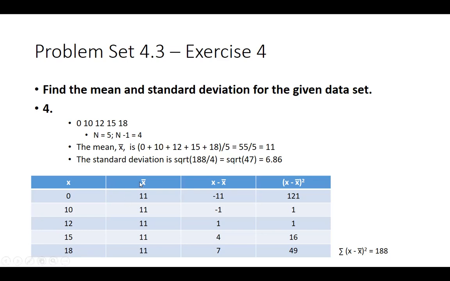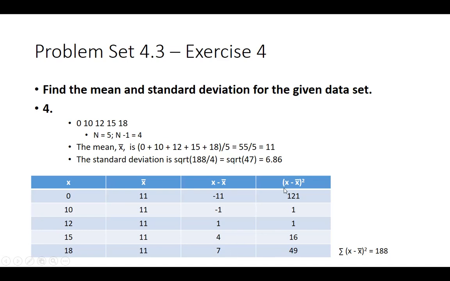I had said in lecture, if you want to put a column in that is just the X bar, that is just the mean for every row, feel free to do that, because when we have our column for X minus X bar, it's easy to see 0 minus 11 is negative 11. 10 minus 11 is negative 1. 12 minus 11 is positive 1. 15 minus 11 is 4. 18 minus 11 is 7.